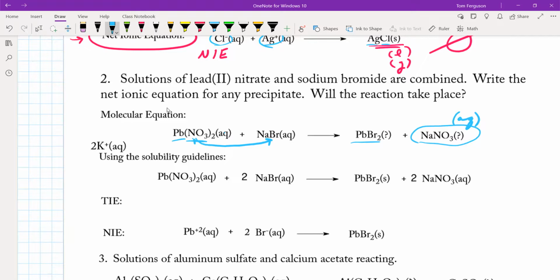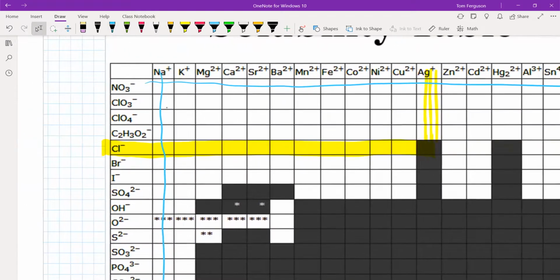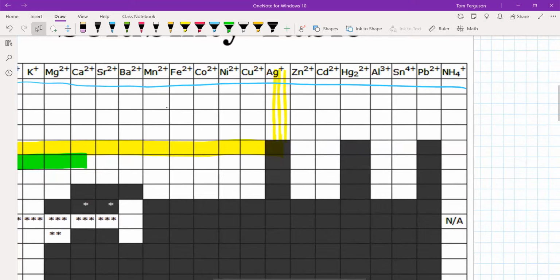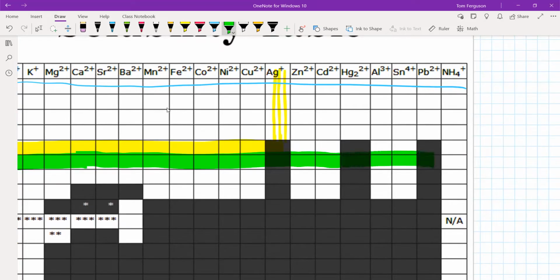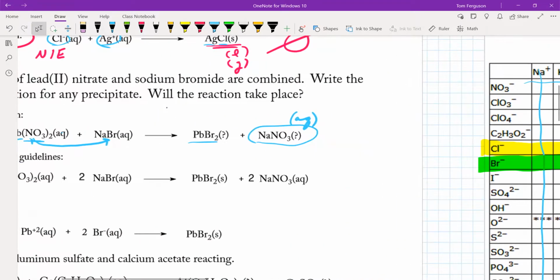Okay, now let's go over here. And here's Br. And here's lead. And notice it's black, so that's going to be a solid then.